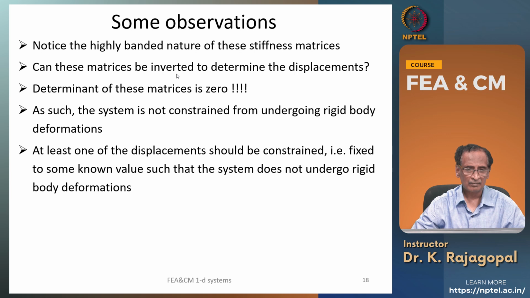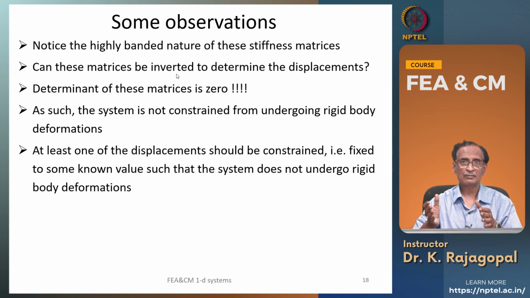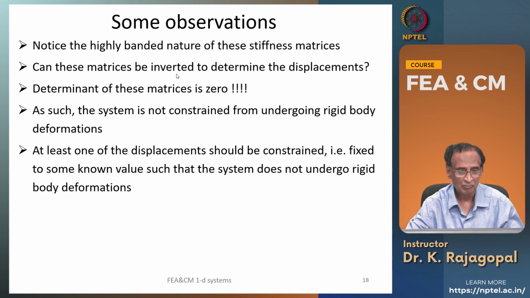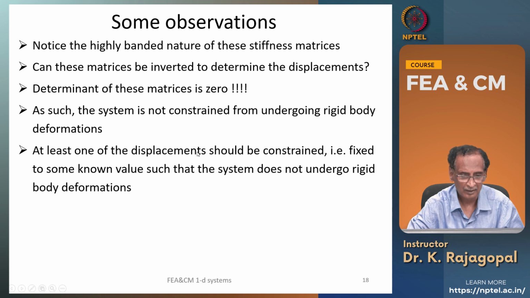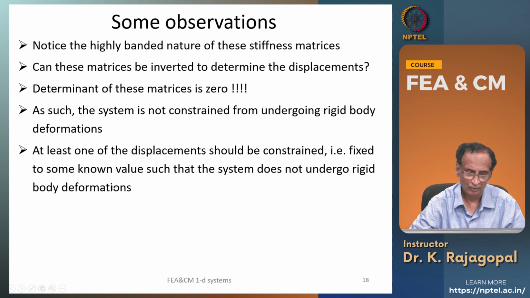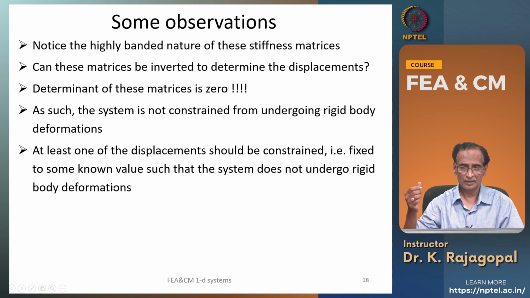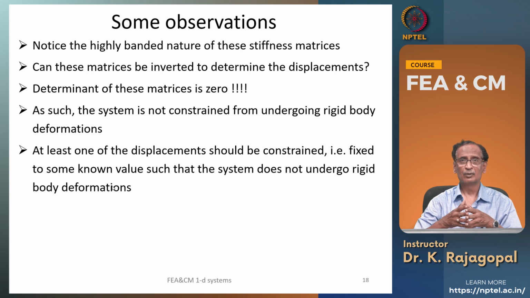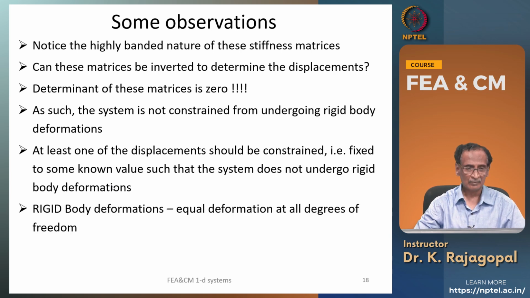Okay. So, to make this system stable, we need to apply some constraint, at least one constraint, because in a one dimensional system we just require one constraint, and one of the displacements we can fix to some known value. It could be 0 or it could be something else. Okay. So that we can prevent the system from undergoing rigid body deformations.